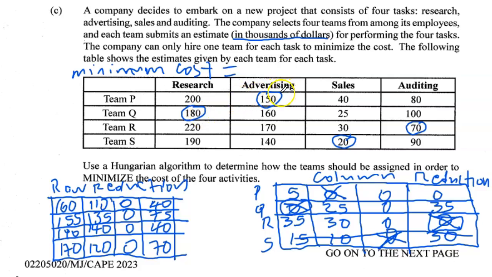So to get the minimum cost, we add all of these values. So team P will do advertising, team Q research, so 150 plus 180, that's 330. Plus 70, that's 400, plus 20, that's 420.